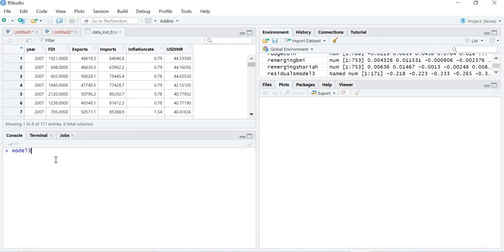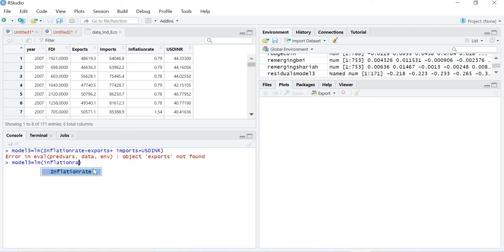So my regression model is model 3 equals lm, inflation rate, tilde sign, exports plus imports plus USD INR, and then enter.